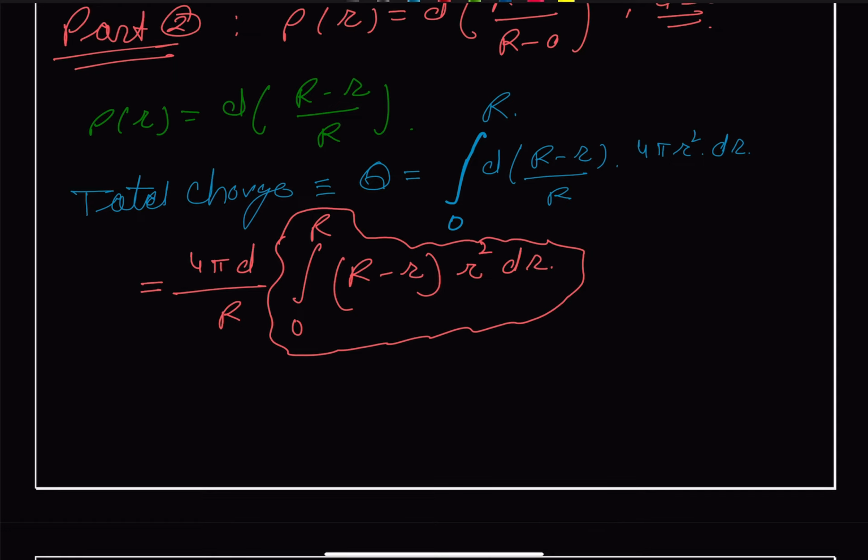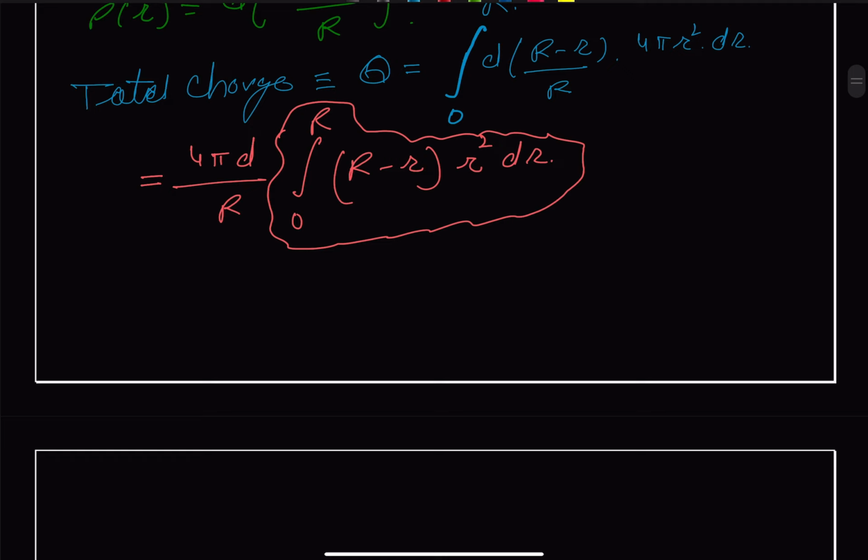So for the integral from 0 to R of (R - r) r square dr, this will be equal to, we can just separate it.